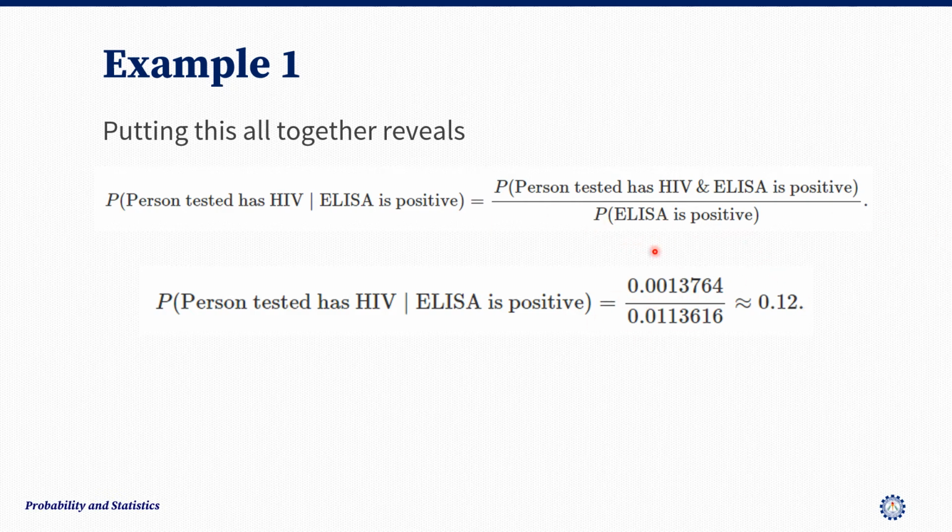If we interchange the values now, the probability of person tested has HIV given that ELISA is positive is equal to 0.0013764 divided by 0.0113616, which is equal to 0.12, or 12%. So even when the ELISA returns positive, the probability of having HIV is only 12%.